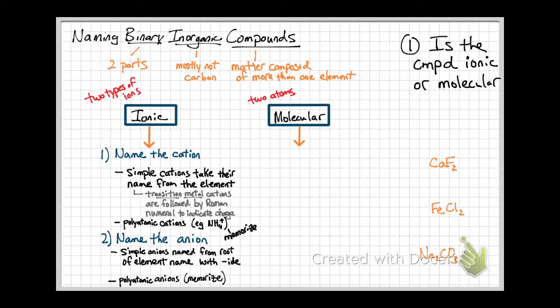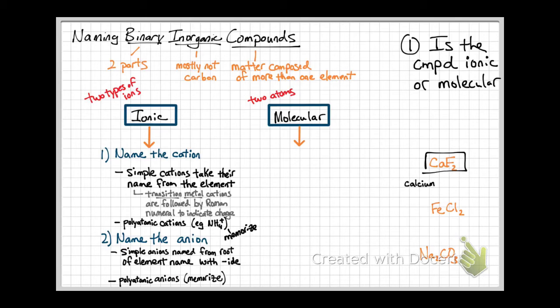Okay, so let's practice a few. We'll start with the ionic compound composed of calcium and fluorine over on the right-hand side. We start out naming the cation, and looking at the rules, this is a simple cation composed of calcium, just one atom, and therefore it takes its name from the name of the element, so we just write calcium.